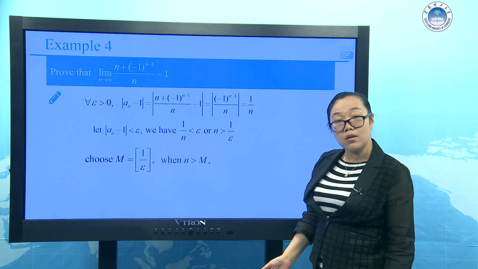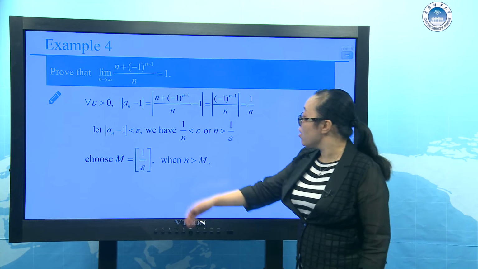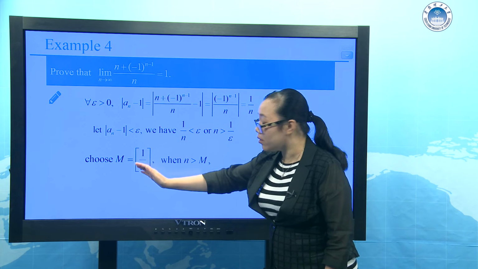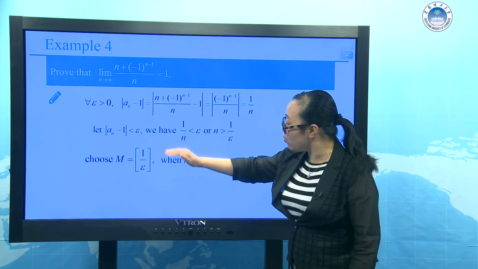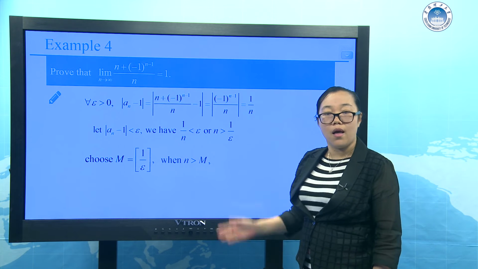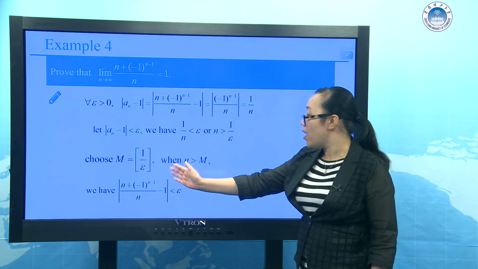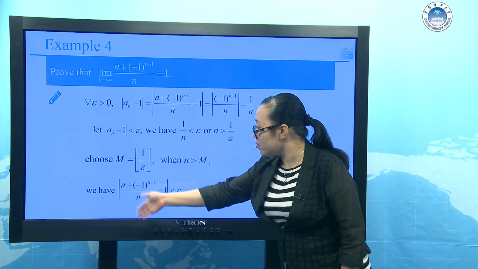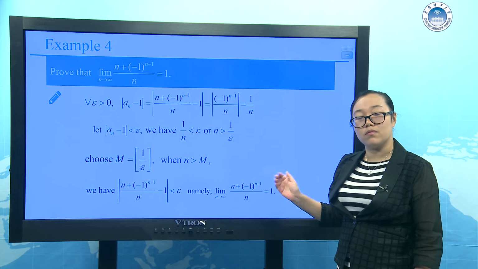Do you remember? Yes, we select a natural number. So choose capital M equals the integer function of 1 over epsilon. If n is greater than capital M, at this time we will have the absolute value of a_n minus 1 less than epsilon. Means the limit equals 1.